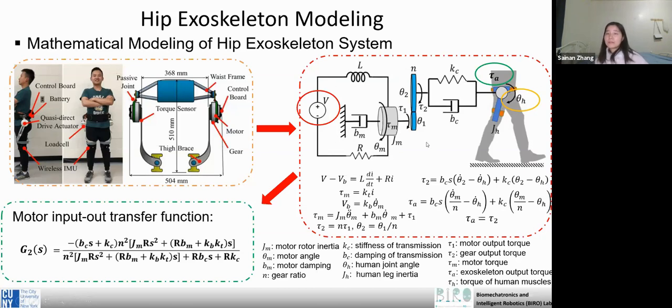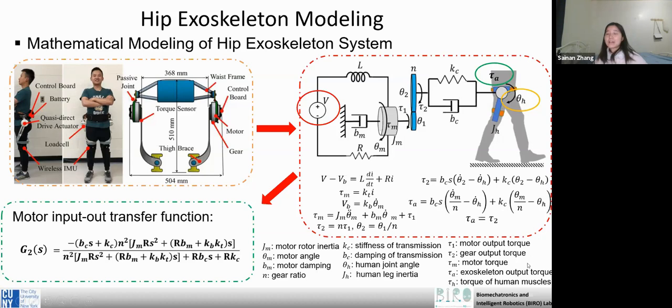What we should notice is that here there are two inputs and one output. This is different from our last lecture. One is the voltage of the motor, and another is theta h. Theta h is the human joint angle, and the output is tau a.